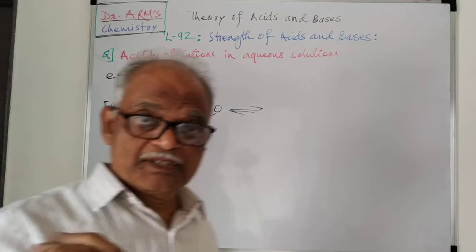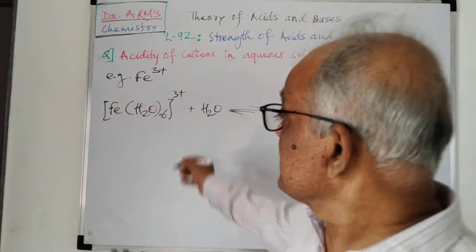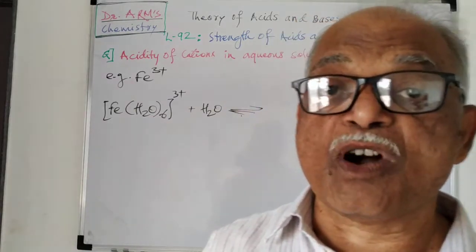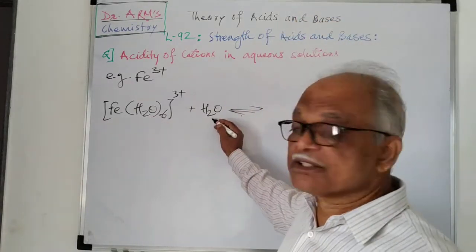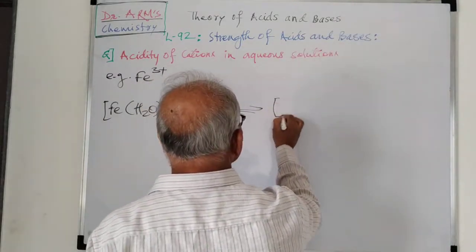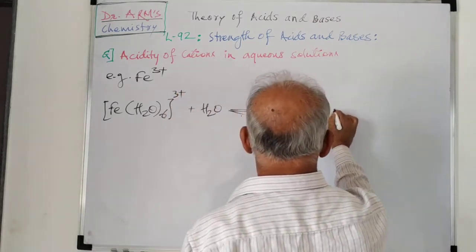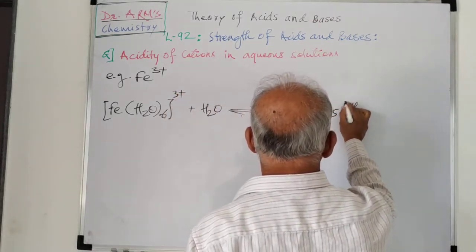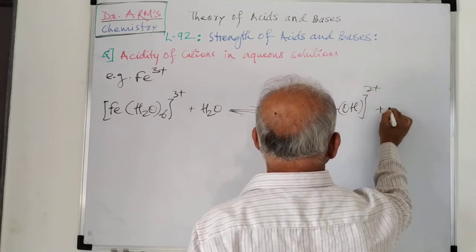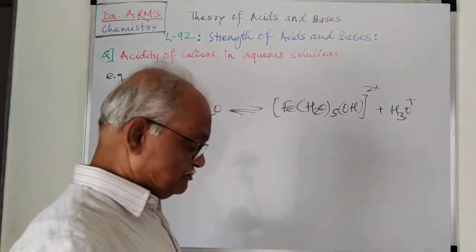When the metal ion is added to water, it gets this hexaaqua complex, and it dissociates, giving you Fe(H2O)5(OH) 2+ with the formation of H3O+.